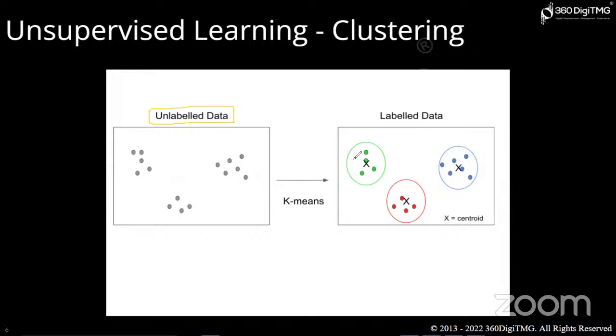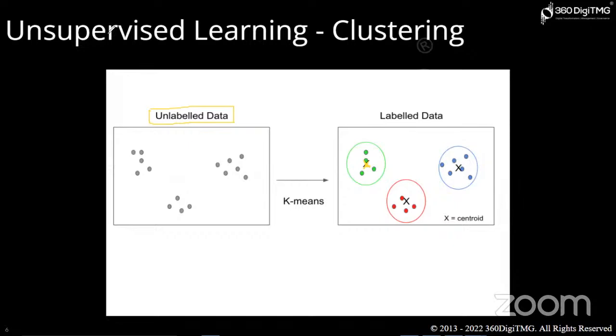I am recognizing this based on the color. The similar color data points are being clustered, and here we can see the X, which is nothing but the centroid. Centroid is the center point of this cluster. So this is nothing but the k-means cluster.